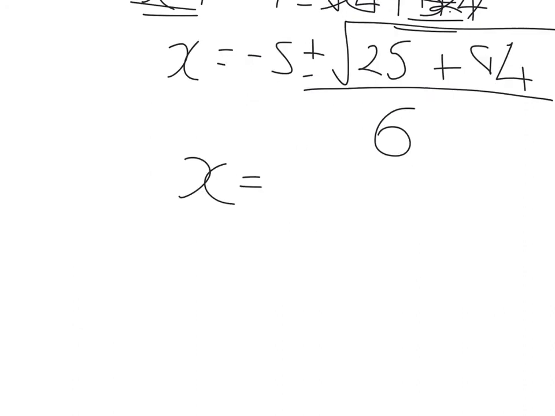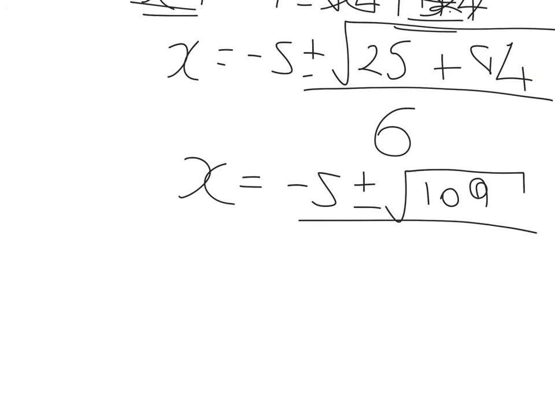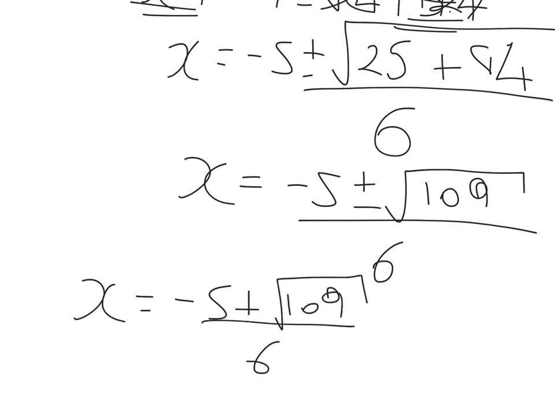That's x equals minus 5 plus or minus the square root of 25 plus 84. That's 109 over 6. And then split it up, minus 5 plus root 109 over 6, or minus 5 minus root 109 over 6.